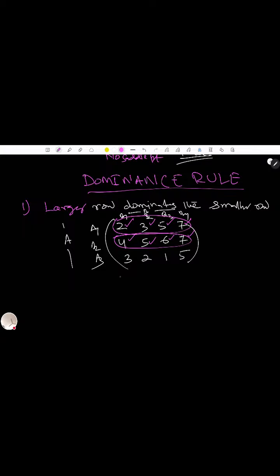So I can write it here, this is my row 2, this is my row 1, this is my row 3. So row 2 is superior to row 1 in corresponding positions. So this larger row will stay, and the smaller row will be dominated.